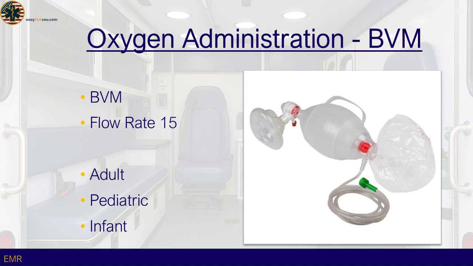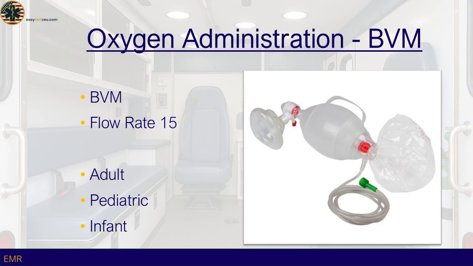These devices deliver positive pressure ventilation, PPV, when squeezed, helping to maintain oxygenation and prevent hypoxia in critical patients. BVMs are most commonly used in cases of respiratory failure, cardiac arrest, and trauma where a patient is unable to maintain their own airway. When connected to an oxygen source, they can deliver nearly 100% oxygen, making them highly effective in resuscitation efforts.